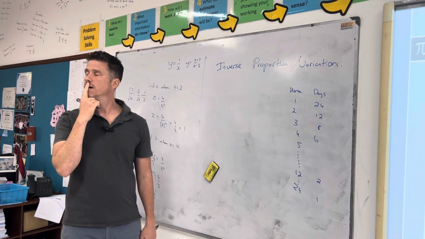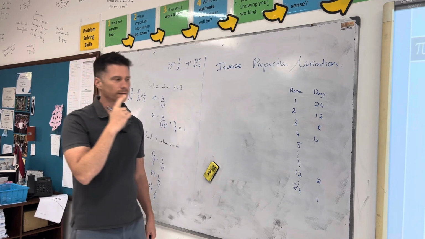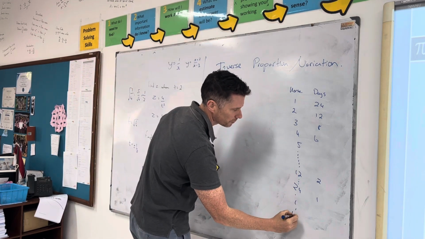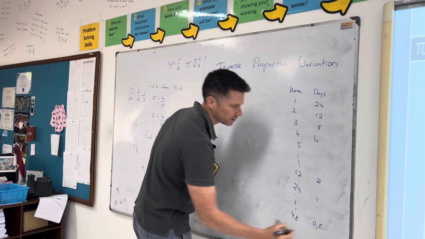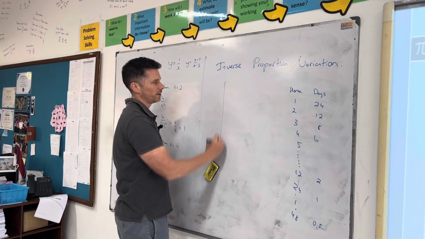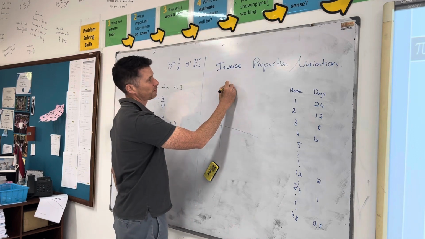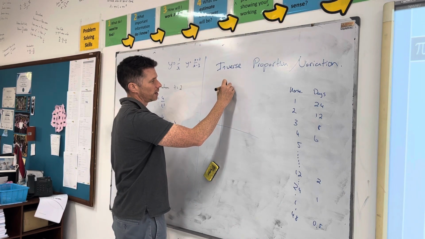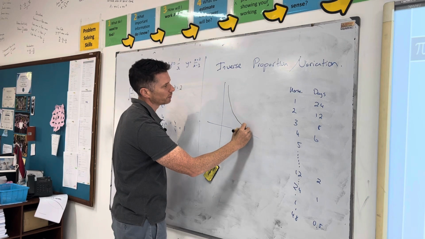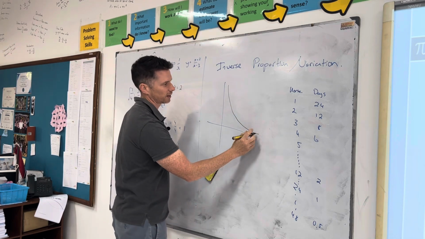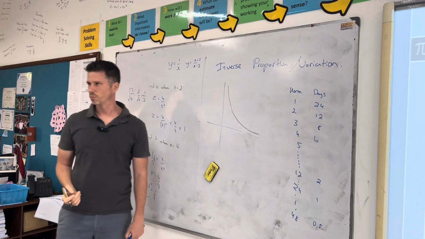So what would that look like? Yeah. And if you kept on, you'd have 48 horses, would take half a day. And so on. So if we looked at the shape of that, it started off pretty high, and then as we get closer, we start flattening out. And that's the classic shape of a rational function.